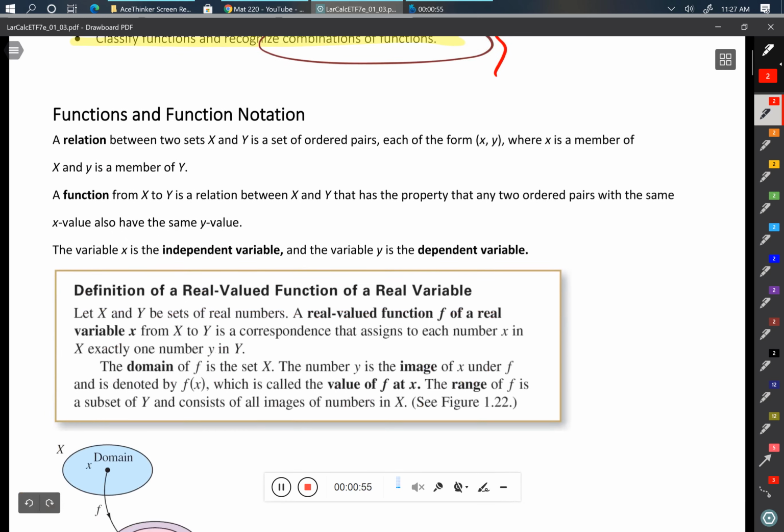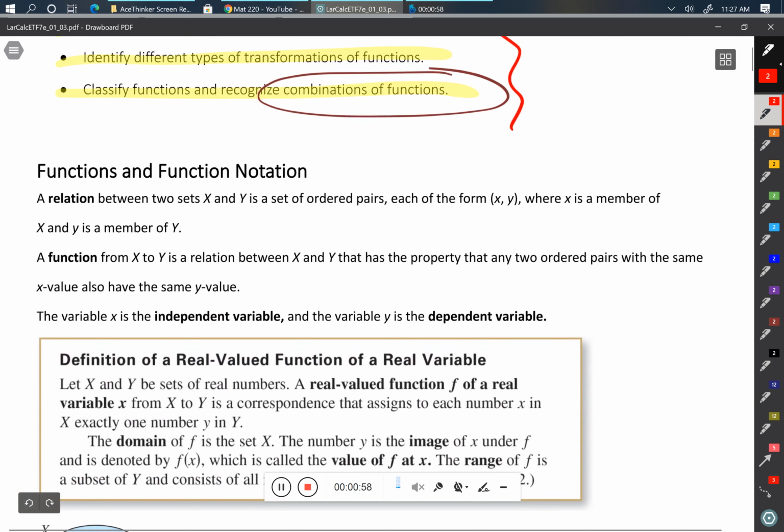Well, here is the book definition of a function, and it reads, a relation between two sets, X and Y, is a set of ordered pairs, each with the form (x, y), written as an ordered pair with parentheses around it, where x is a member of the set X and y is a member of the set Y. Now, if you've never done much with set notation, we want to talk about some notation here real quick.